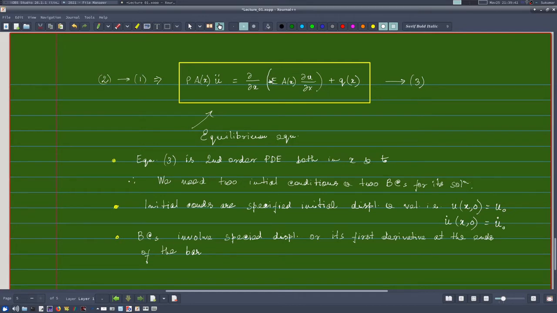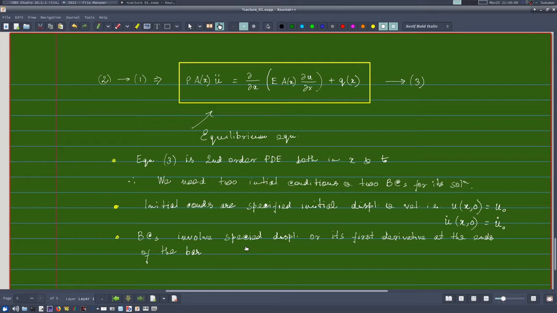And then the boundary conditions, which means it depends on the space, spatial variation. So this will involve specified displacement or the first derivative of the displacement at the ends of the bar, at the boundaries.